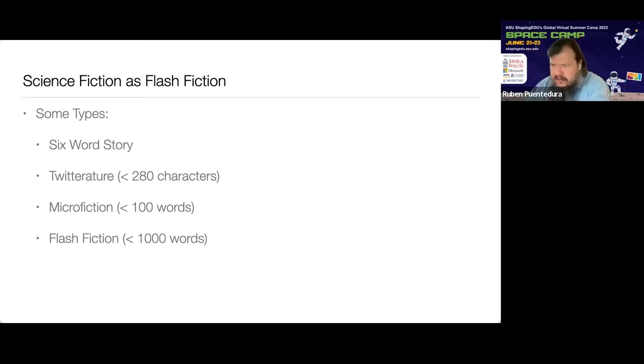There are exceptions, but by and large, the short story is friendlier overall to science fiction than some of the more bulky novels would be. And we have here, then, four types of what are called flash fiction. Flash fiction are very, very short forms of fiction, okay? So don't try writing a whole novel or even a traditional short story.